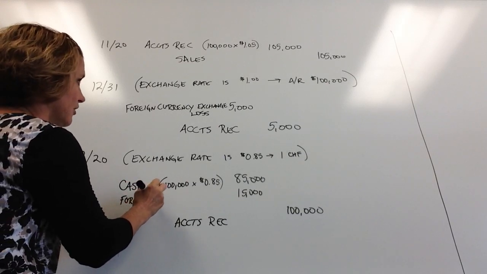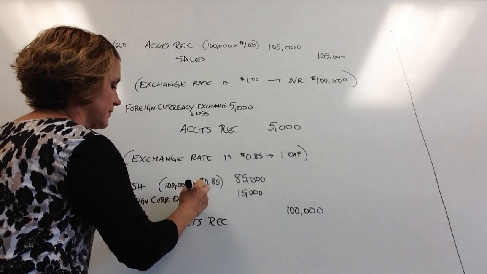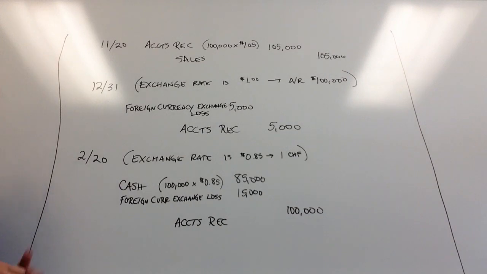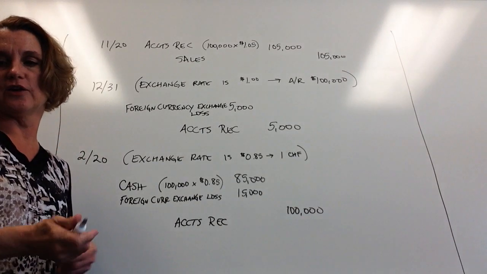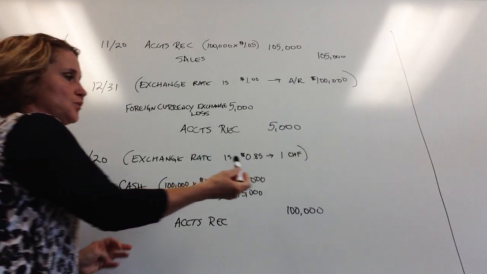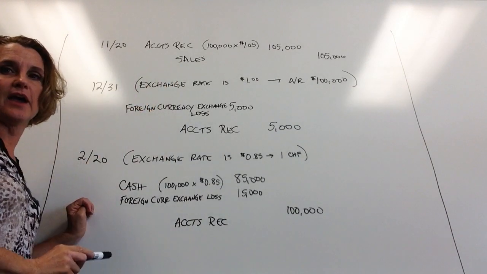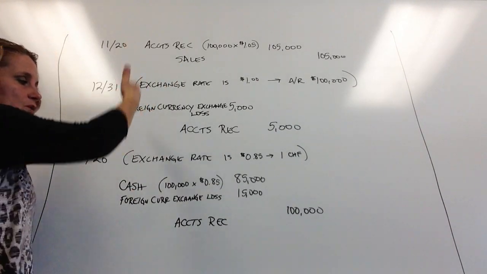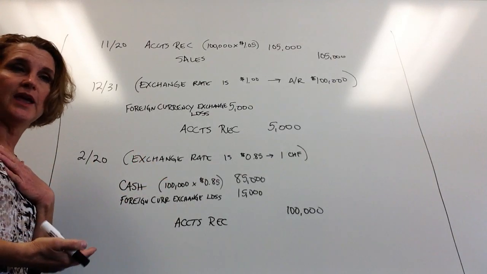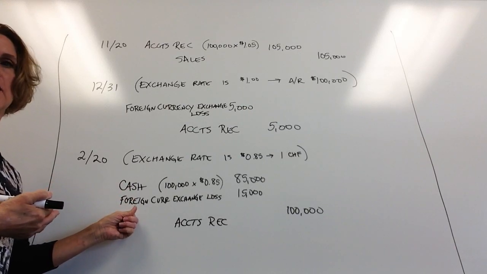So our foreign currency exchange loss will go up by another 15,000 because the U.S. dollar is actually strengthening. We're getting more Swiss franc for our money, but because they didn't pay us back then, we couldn't capitalize on that. So when the U.S. dollar strengthens and we're getting paid in Swiss francs and not U.S. dollars, it results in more of a loss.